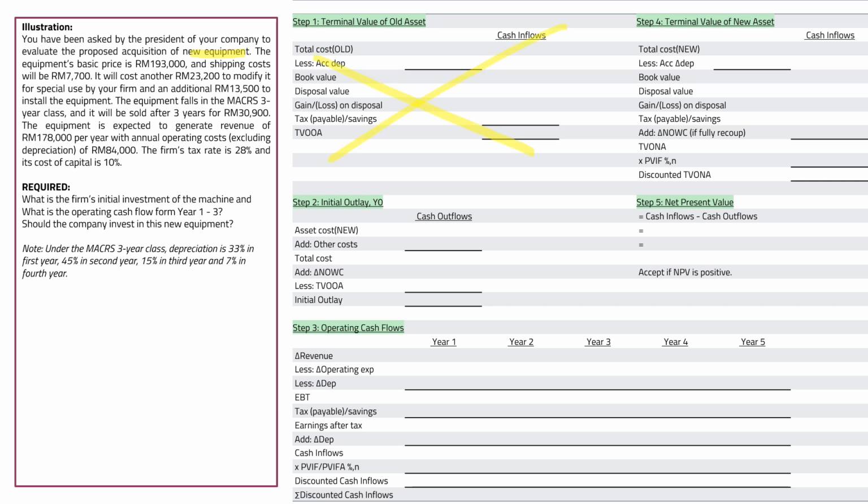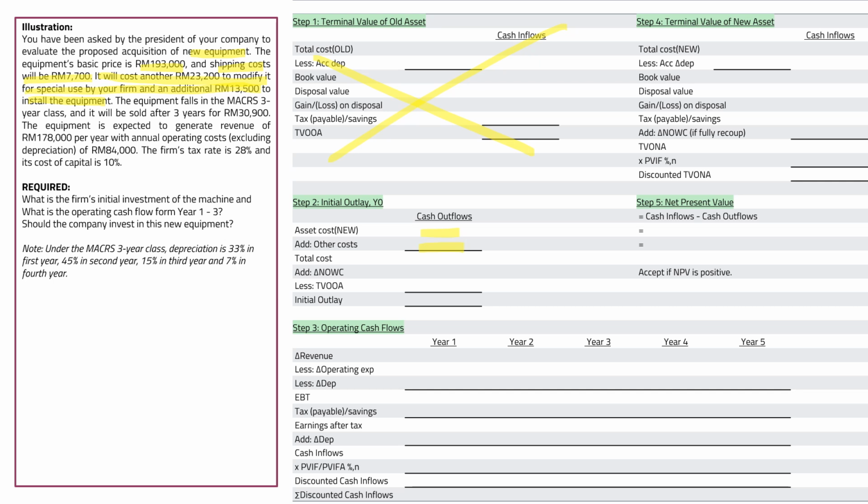The equipment's basic price is 183,000, which we'll put here as the asset cost. And shipping cost will be 7,700. It will cost another 23,300 to modify it for special use by your firm, and an additional 13,500 to install the equipment. So as you can see here, shipping cost, modification cost, installation of the equipment, all these 3 costs are part of other cost.